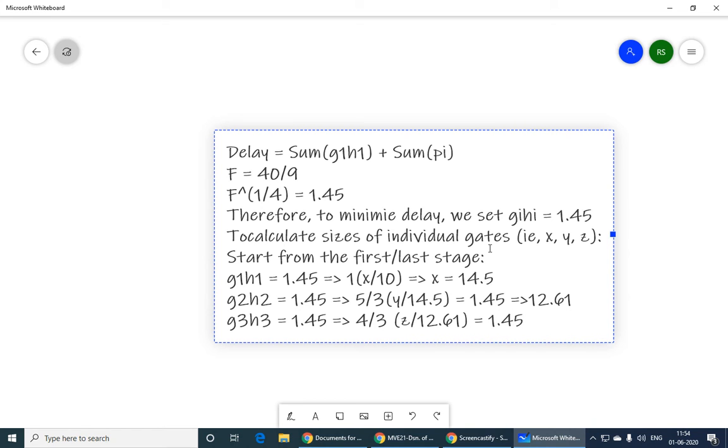Which means Z equals, solving from this equation, 12.61 into 1.45 divided by 4/3, 6.525.